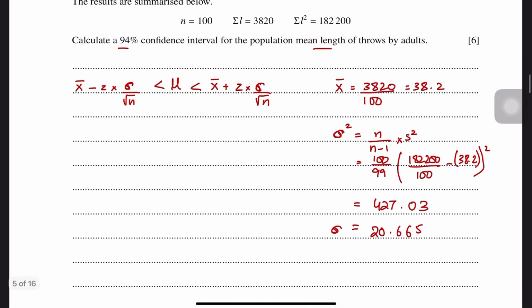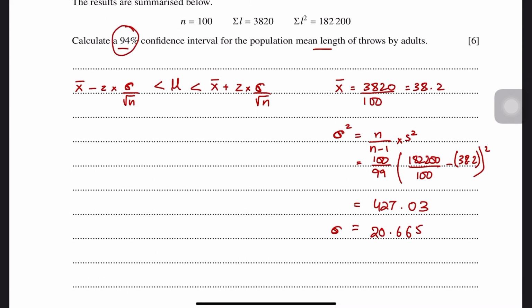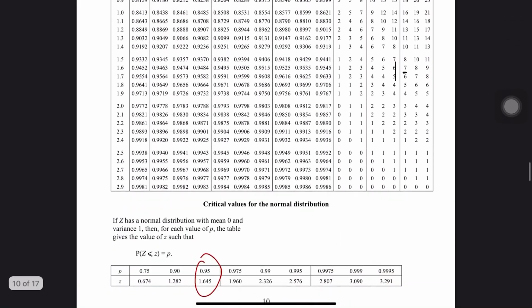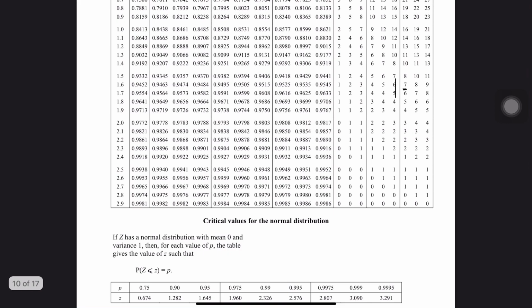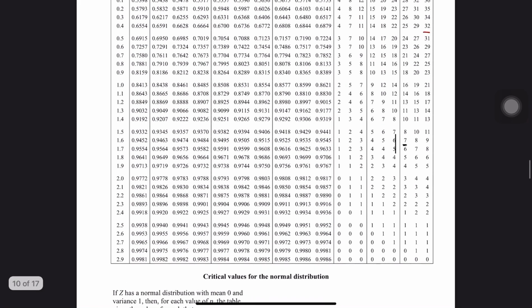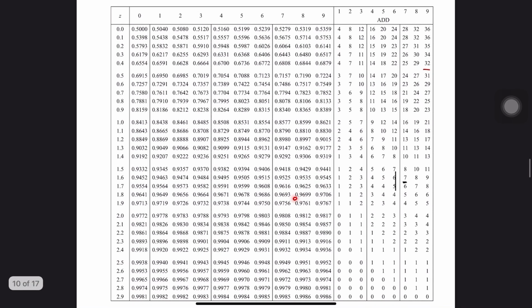Okay, and the z value: since it's a 94% confidence interval, what I need to read is 97% from here. So going back to my table, 97% is not at the bottom of the table, so I'm going to have to look it up in the table itself. 97 is 0.9699, and I can choose either 0, 1 or 2.